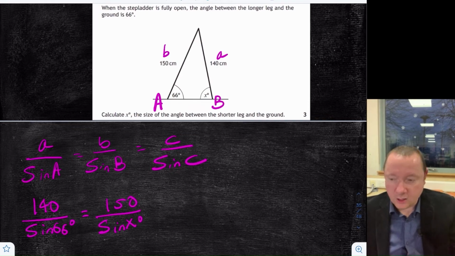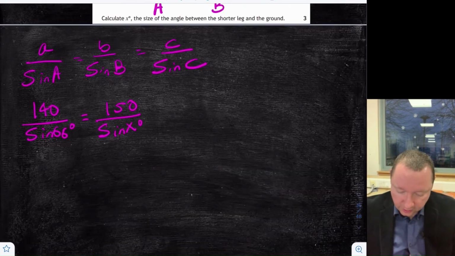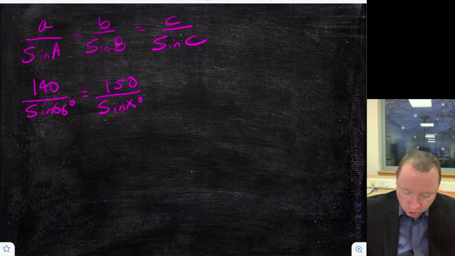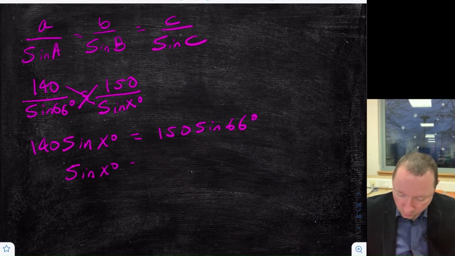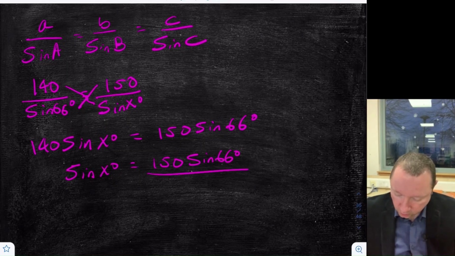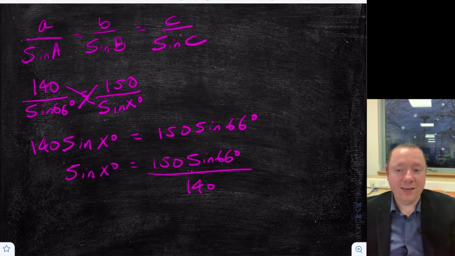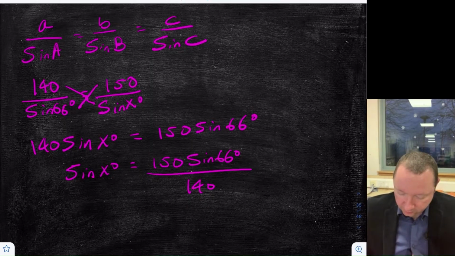You can now rearrange that to make sine x the subject. I always think of it as a cross. This times this, 140 sine x, equals this times this, 150 sine 66. So now dividing by 140, sine x is 150 times sine 66 over 140, and you would get a mark for that. And then your final mark for finding x.